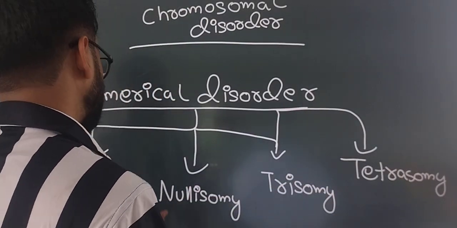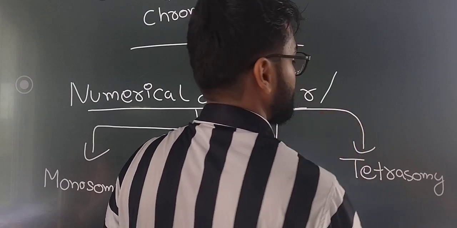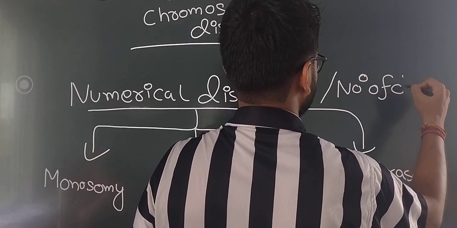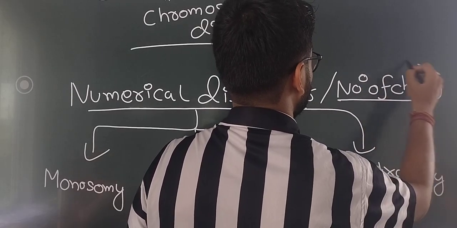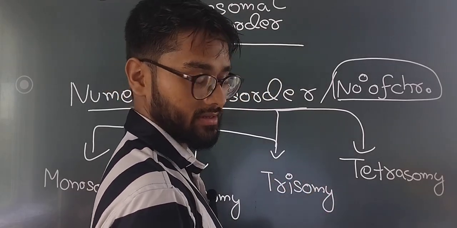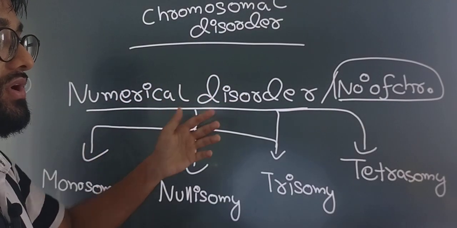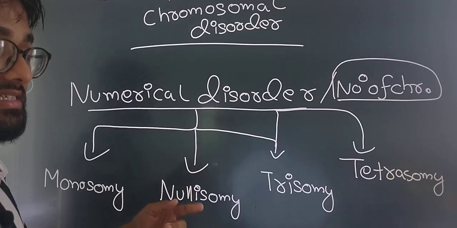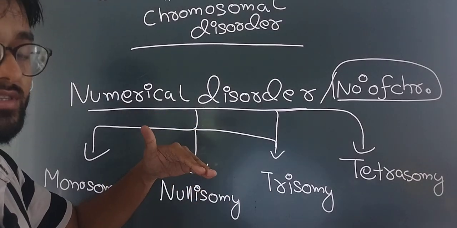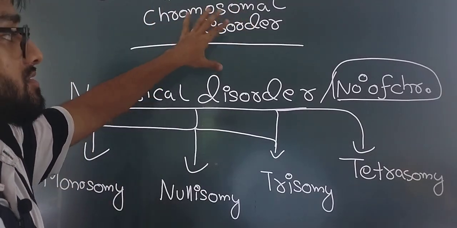Basically, we are talking about numerical disorders, so it deals with the number of chromosomes. We are simply going to discuss the number of chromosomes: whether it has increased or decreased, what has actually happened. Structural aberrations can give you either an increase or a decrease, a change in the gene order, or a disrupted sequence. All of this comes under structural aberrations or structural disorders.